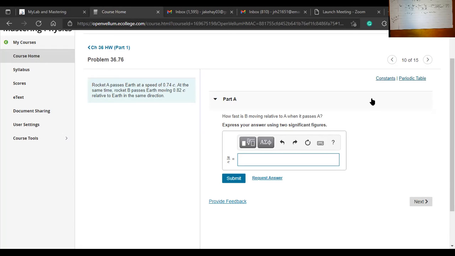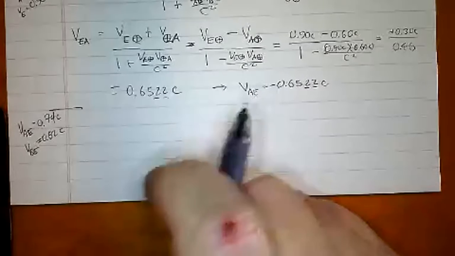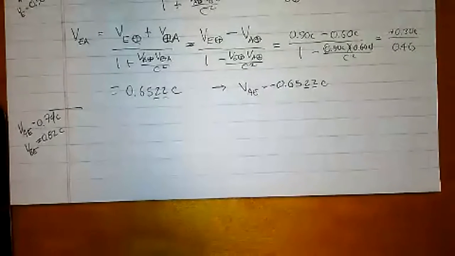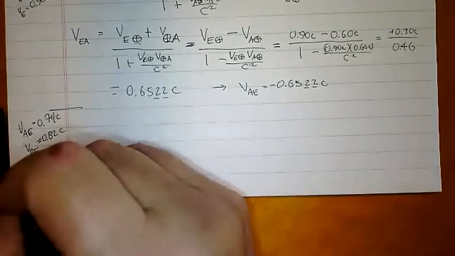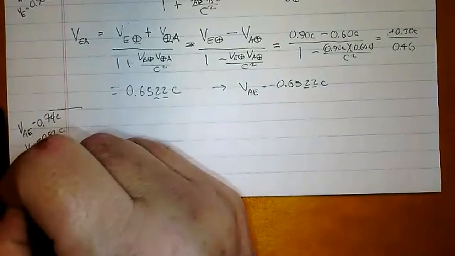Okay, so notice they're doing U over C here. So they're really asking for beta. That beta is the part like the 0.74, the 0.82, in other words, the part without the C. That's what beta means, or that's what U over C means. So can you write out that equation? They want to know what the velocity of, what is it, A as seen by B, or did it say B as seen by A?